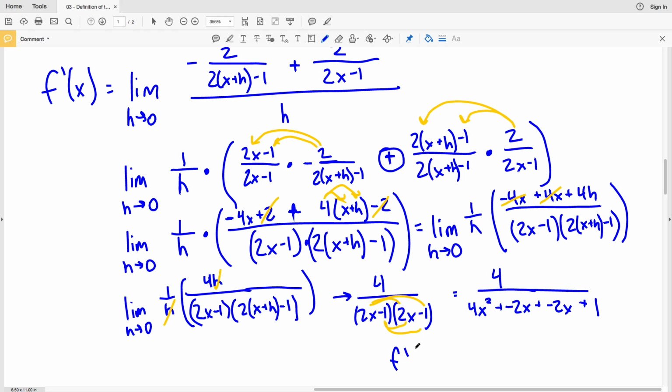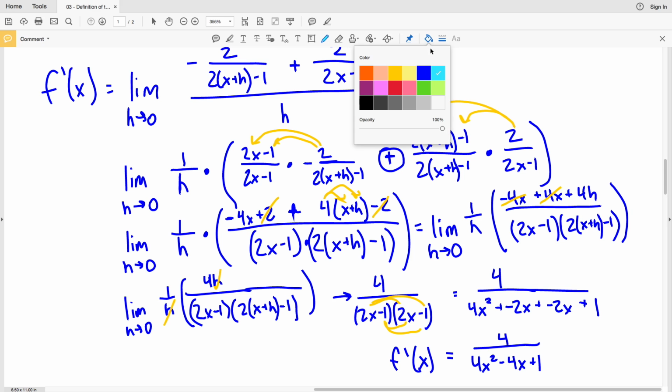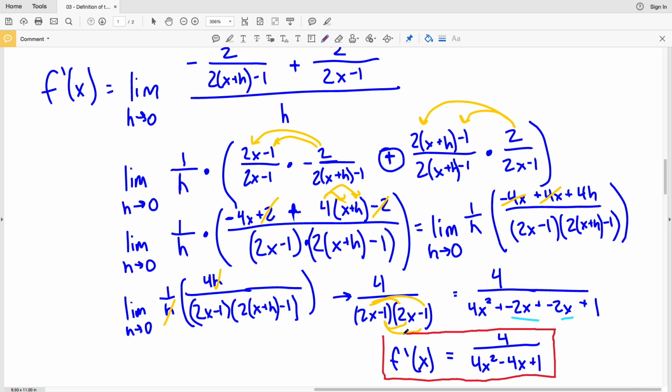So the derivative of f of x equals 4 over 4x squared minus 4x plus 1. And that was just combining my like terms in the denominator to solve. And that was the answer in number 10.